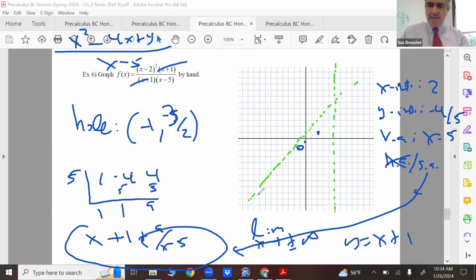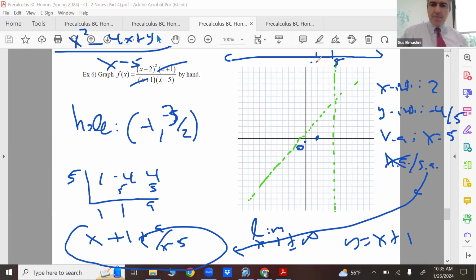And I'll do a sign chart. 5 and 2. Wait, what am I doing? I'm sorry, guys. That's at 2, 0. Why do I have a dot at 2, 1? That was dumb. Sorry about that, guys. Here we go. My apologies.